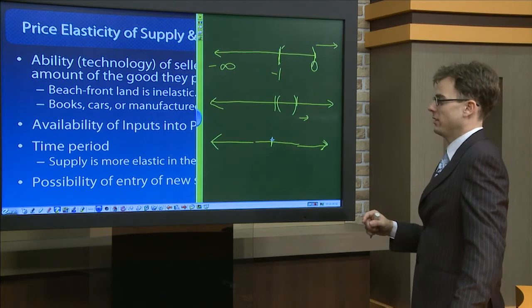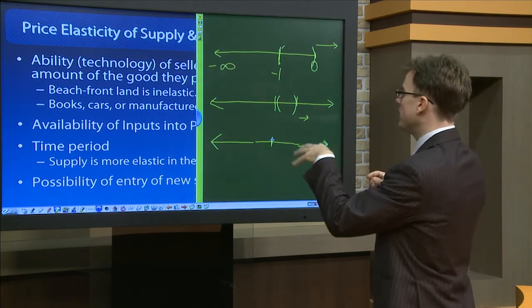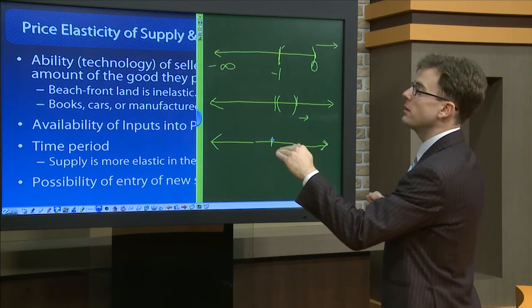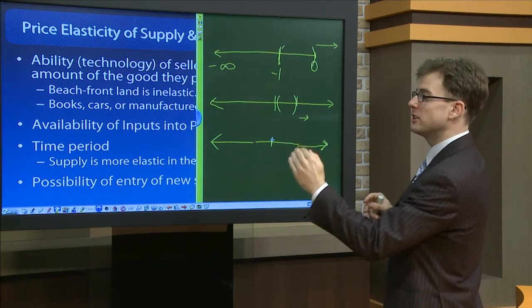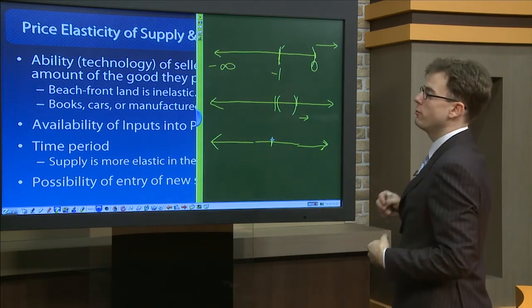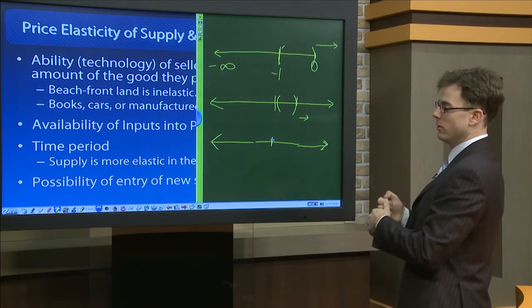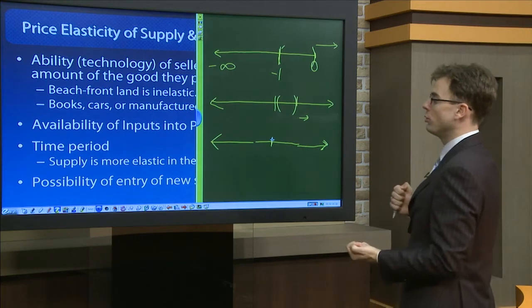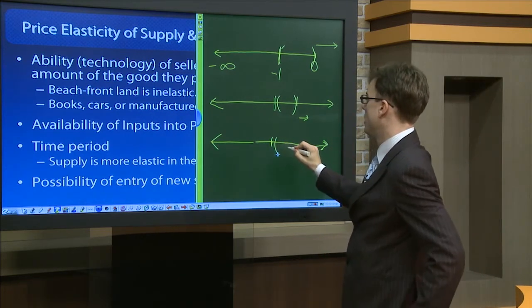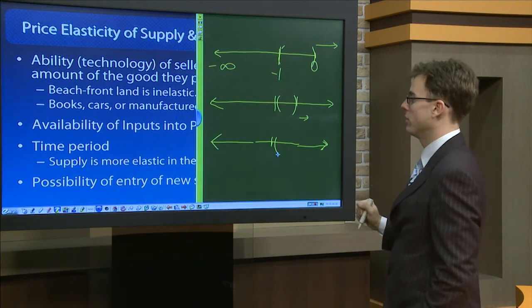We would say that if the price of one commodity increases and as a result, consumers will buy more of another commodity, so that the products are substitutes, we have a positive cross-price elasticity of demand.